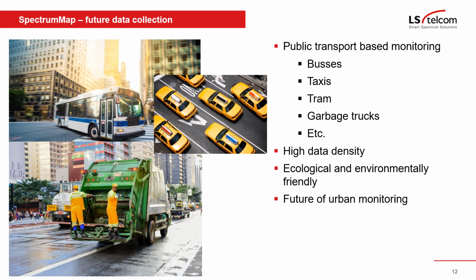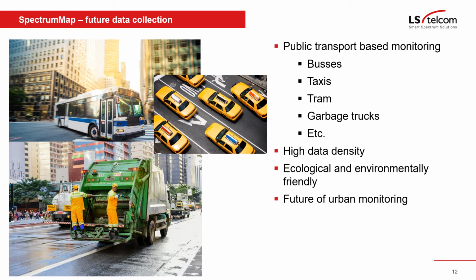On the last slide, I want to give you an outlook to the future. Currently for the spectrum map, we collect the data with dedicated vehicles or combined with fixed stations. But spectrum map really lives from the high density of data.